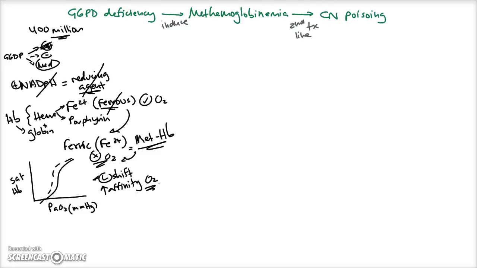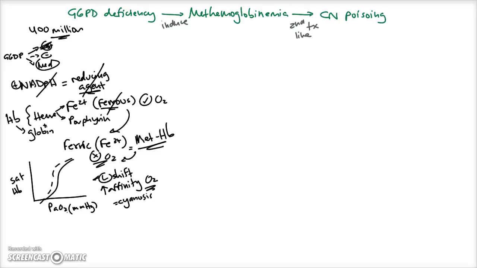The problem with this mentality of holding more strongly onto oxygen is that oxygen gets poorly distributed amongst tissues, and so we end up with hypoxia and cyanosis at the end of the road.